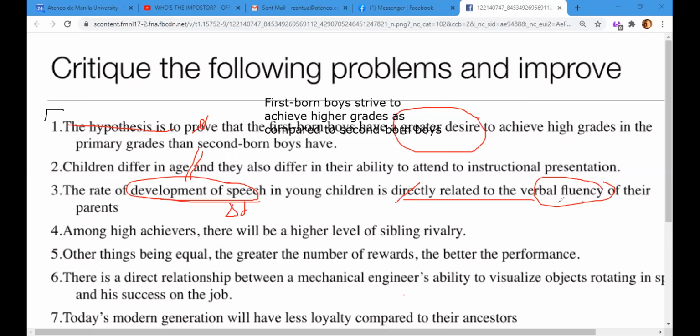So okay. So ayun, tapos na. 1, 2, 3 lang naman. No?